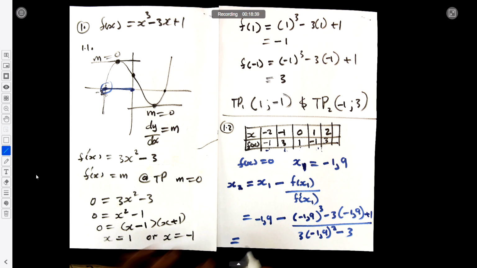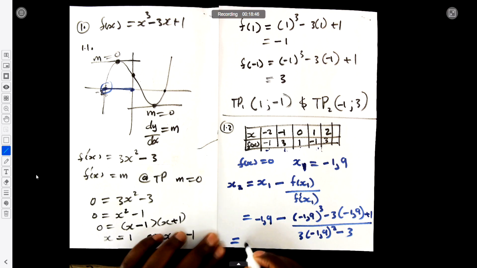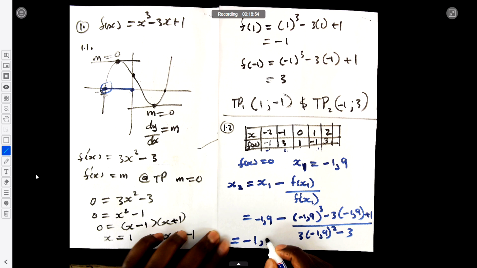So what is the answer? It's negative 1 point, to 3 decimals, 889.